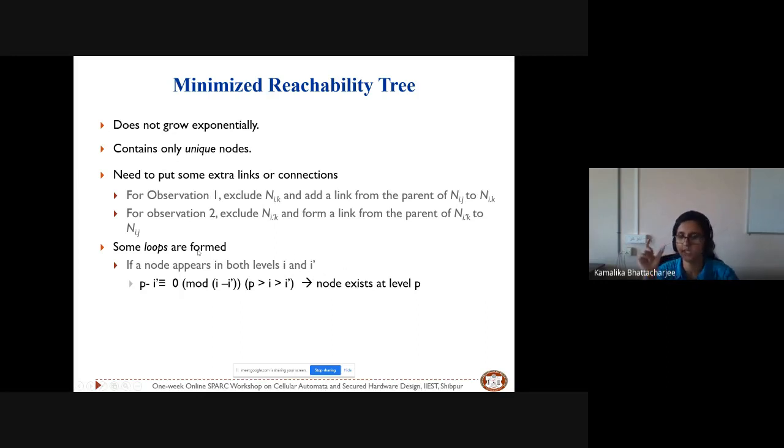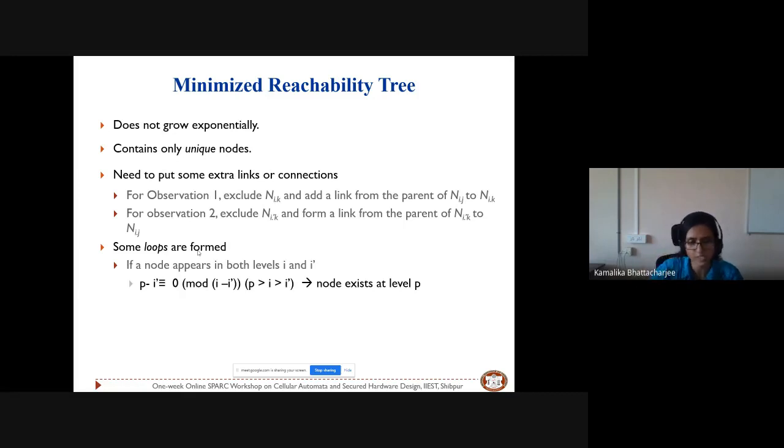In that loop, we can keep track of it. An easier way is, for each node, we can just keep track of which levels it is going to be present at. Say this one node has two levels, I and I dash, where I is greater than I dash. Then this node is going to appear again and again depending on the difference of levels I and I dash.